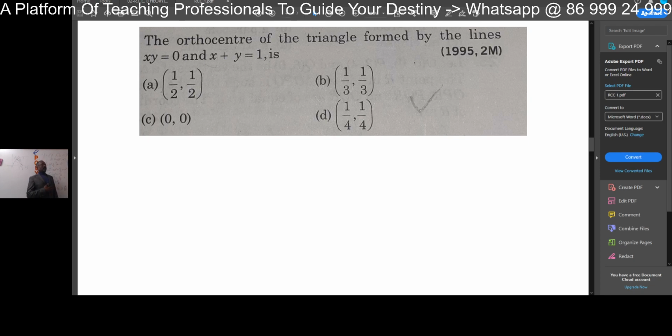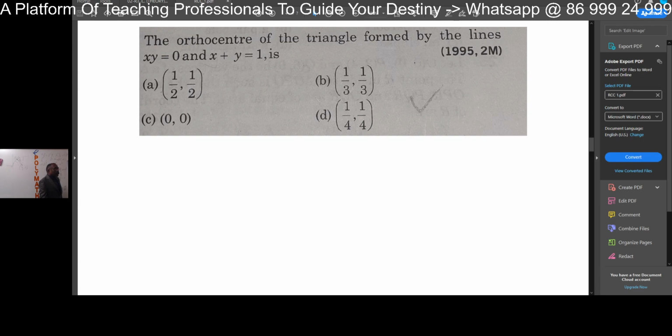The orthocenter of the triangle formed by the lines xy equals 0, x plus y is equal to 1. Here, this is one more important concept to be understood: in a right angle triangle, the vertex containing the right angle is nothing but the orthocenter, and the midpoint of the hypotenuse is the circumcenter. The property you must be knowing.